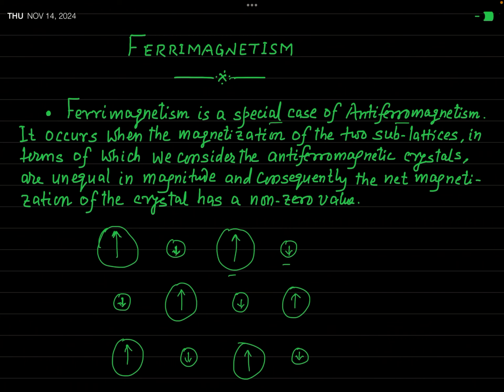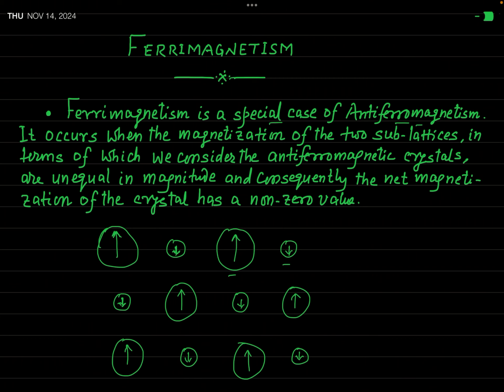And so, when the magnitudes of the spins are unequal, when we find the total spin, they will not cancel one another, but there will be a resultant magnetization or magnetic moment. So I have mentioned here that ferrimagnetism is a special case of antiferromagnetism.